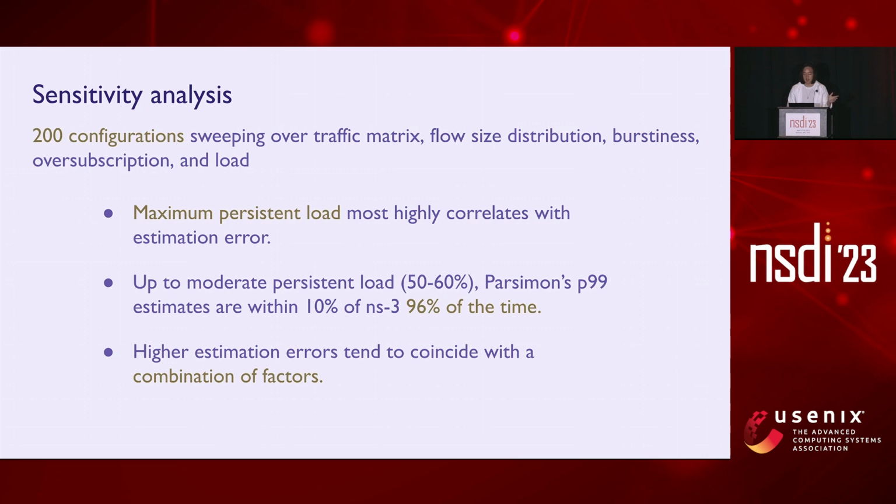But at low to moderate load, persistent loads of about 50 to 60%, Parsimon is within 10% of NS3 about 96% of the time. The analysis of the other parameters, oversubscription, flow size distribution, matrix, can be found in the paper. In general, it takes a combination of factors in this setup to produce high error, and the paper will list all of the worst cases and tell you what they are.